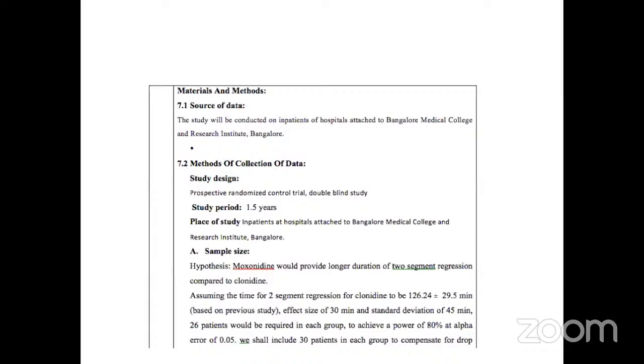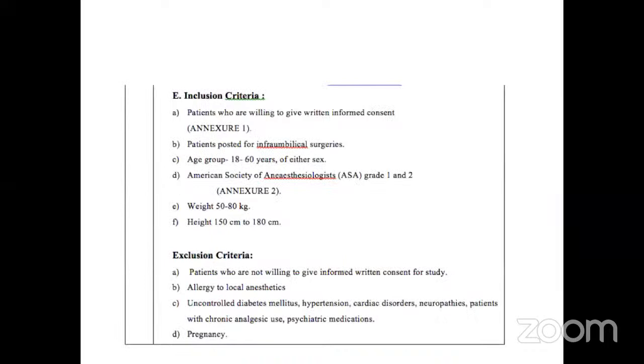And then you mention the sample size, how many patients you are going to include in the study. And then you elaborate on who the patients are who are included, and who the patients are who are excluded after including them.